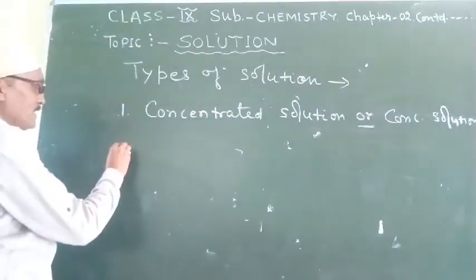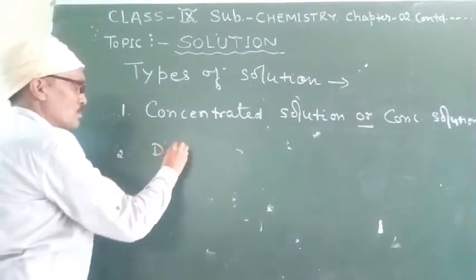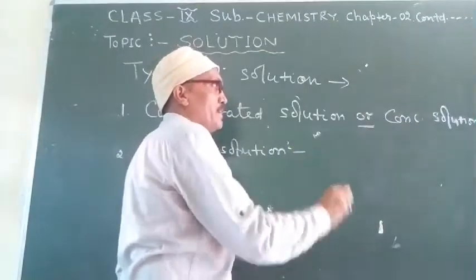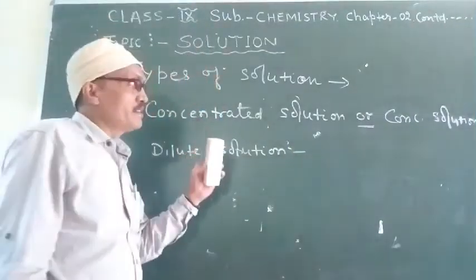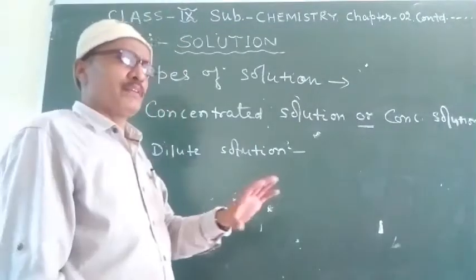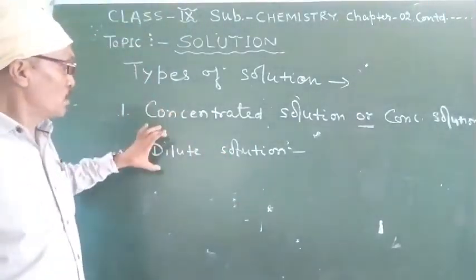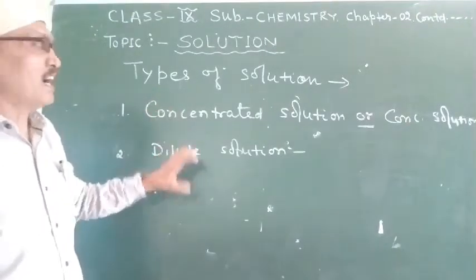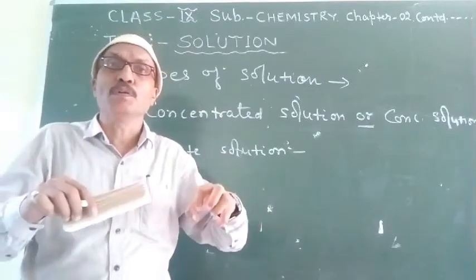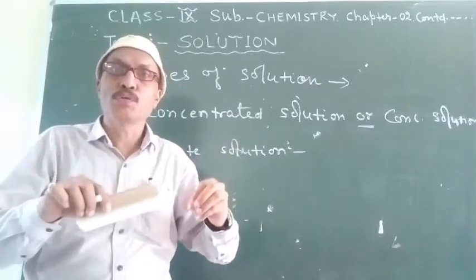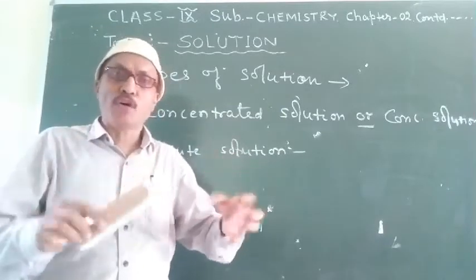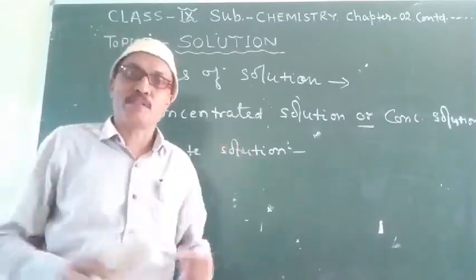And second one is dilute solution. Now let me explain what is a concentrated solution and what is a dilute solution. You must know these two classifications of solution are made on the basis of the relative amount of solute and solvent.